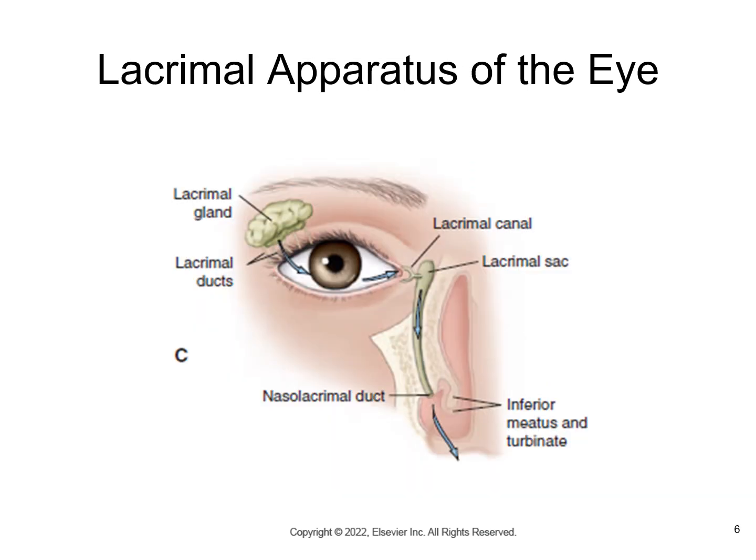When we look at the lacrimal apparatus, we're talking about the tear production of the eye. We have the lacrimal gland that is over the eye. Then we have the actual ducts, which are the part on the inside of the eye, the canal, the sac, and so forth.